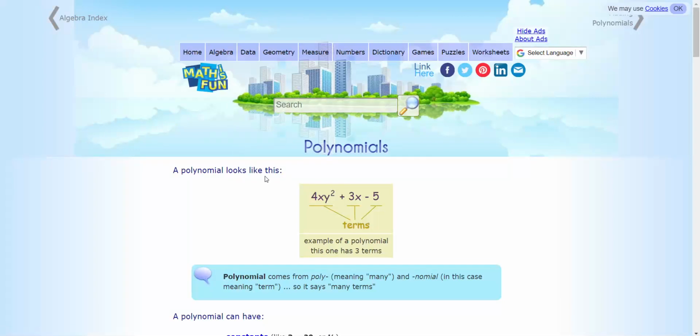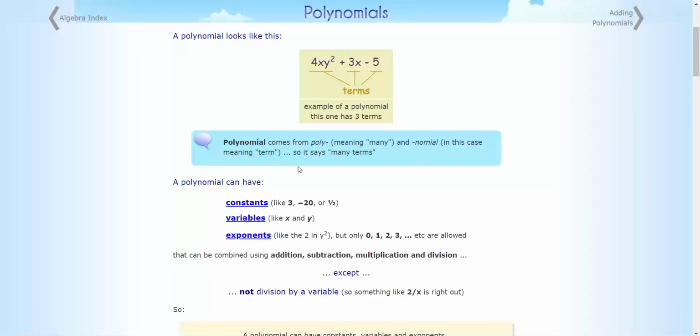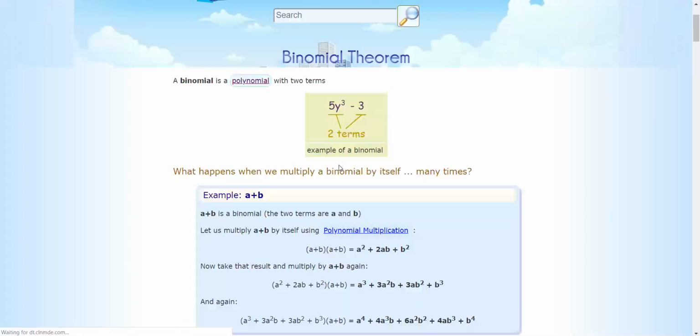A polynomial looks like this. It has three terms. A polynomial is basically a function. You have a constant, variable, exponent, whatever it is, and a binomial is a polynomial with two terms. Okay, but can the two terms be something else?